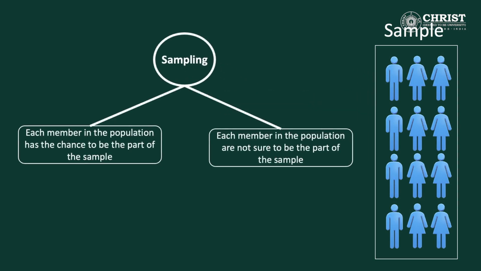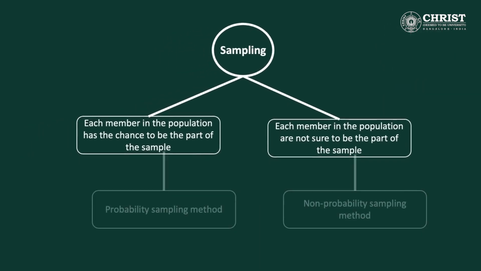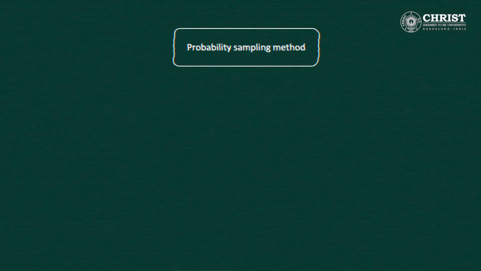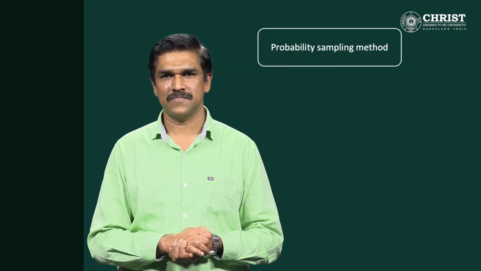Representativeness is assumed to be high if each member in the population has the chance or probability to be part of the sample. If the sampling method ascertains this probability, we call it a probability sampling method.